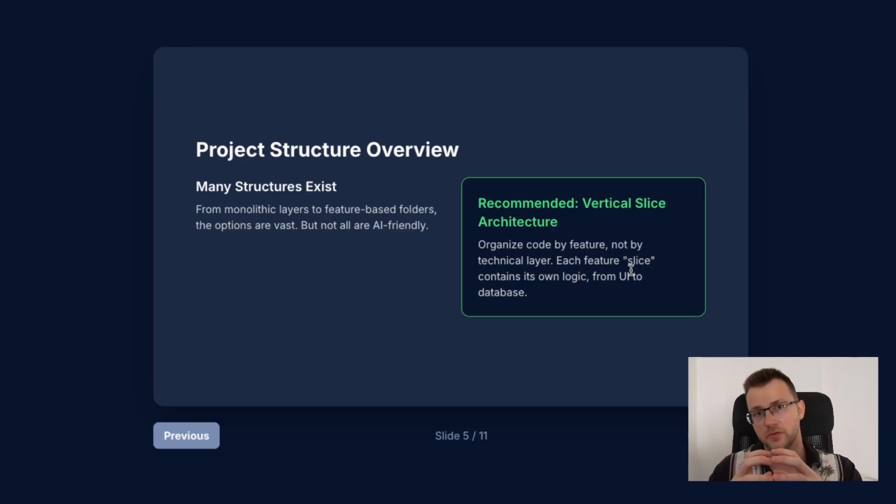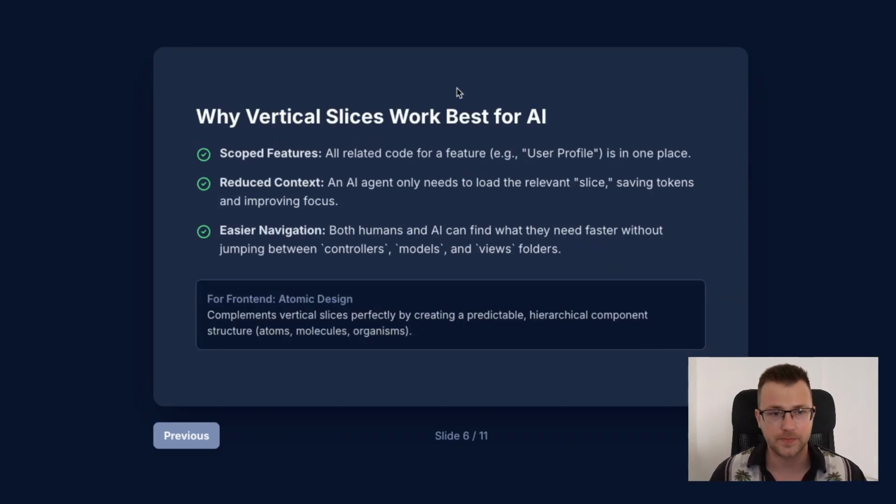So grouping them into features really helps. We just spoke about scoped features, user profile, for example, you put it into the one. It reduces the context itself. So when you are just working on something with AI, it will look up a specific part. It doesn't need to go into other folders. It's quite tightly coupled, and easier navigation, of course.